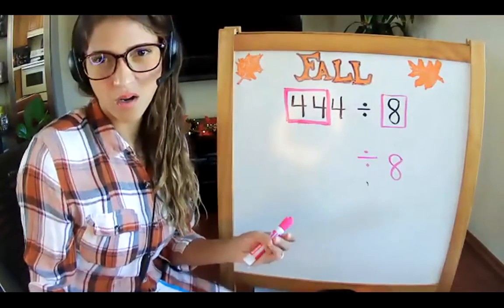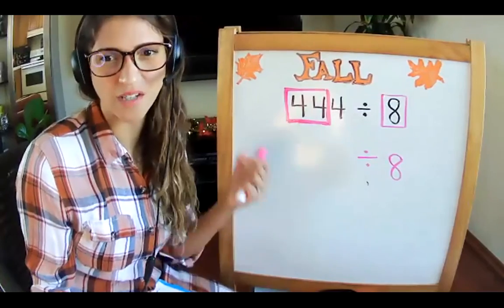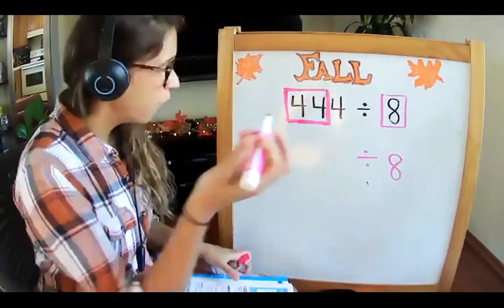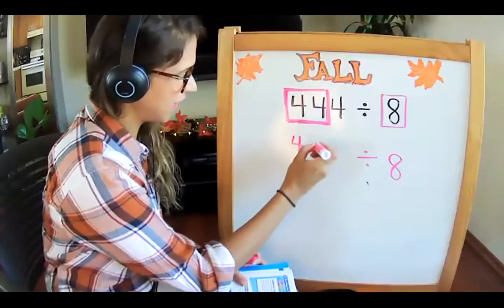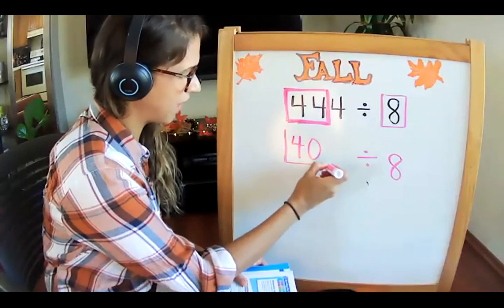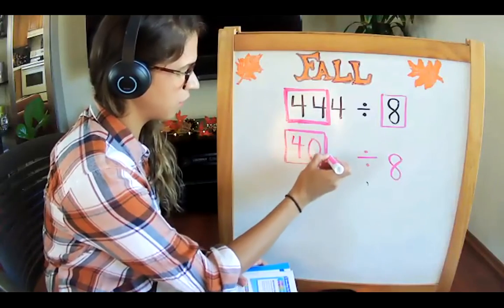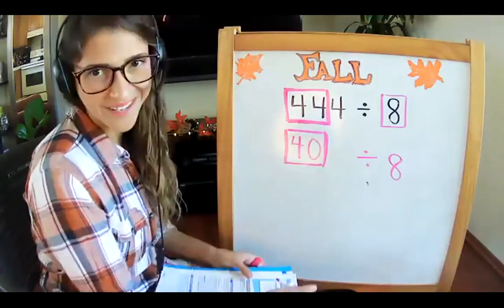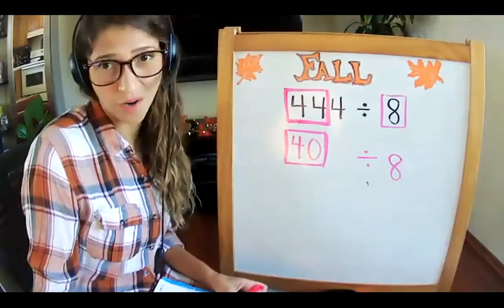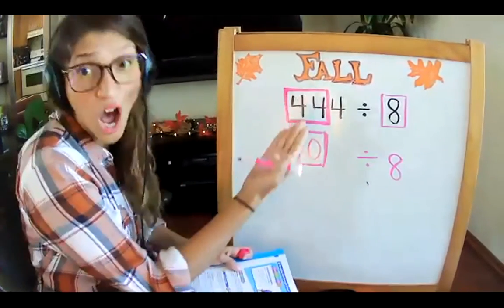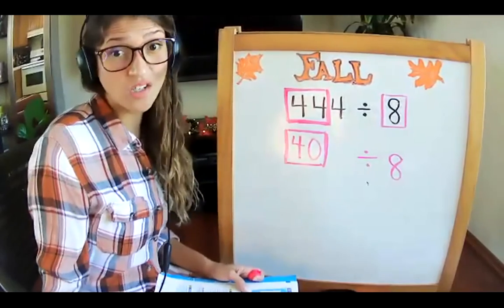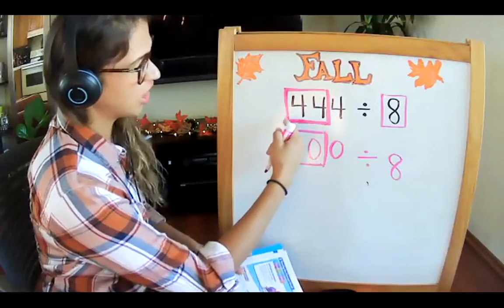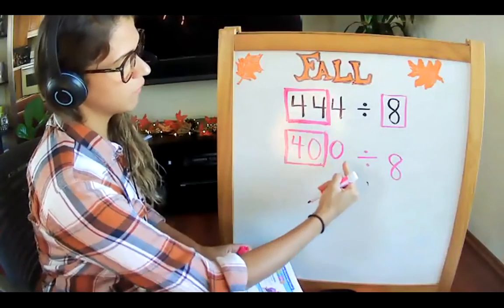What number is in my 8 times table that's super close to 44? 40. I know that by heart. So I'm going to change that 44 to a 40. However, guys, listen up. It's not really a 44, is it? It's a 440. So I need to make sure I put a 0 there. I change my 440 into a 400.